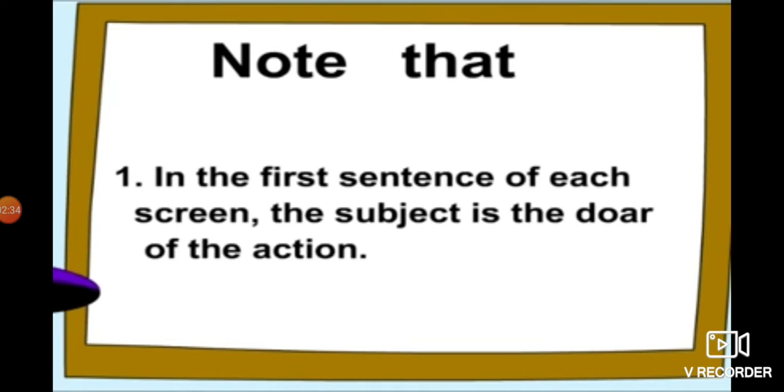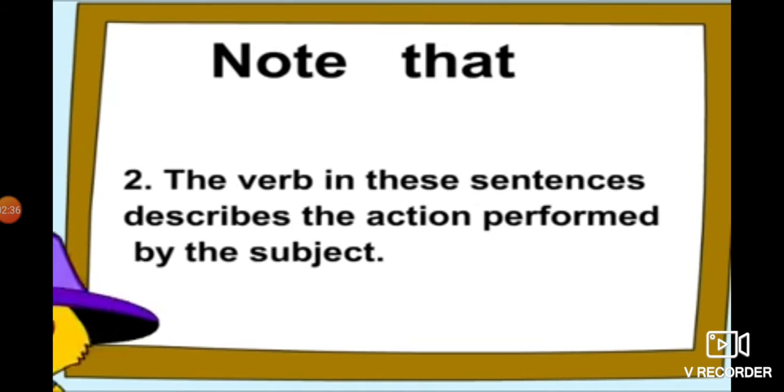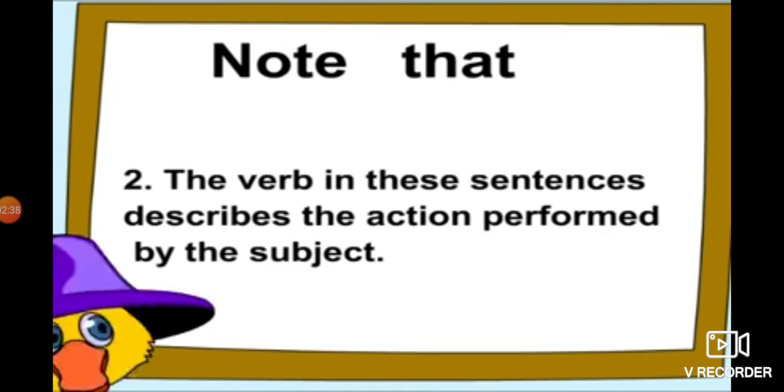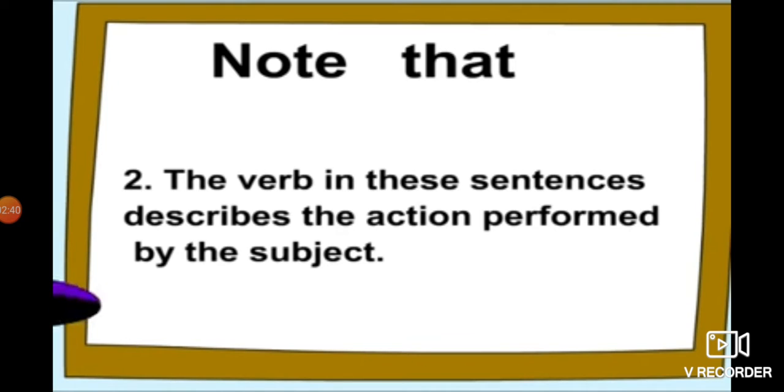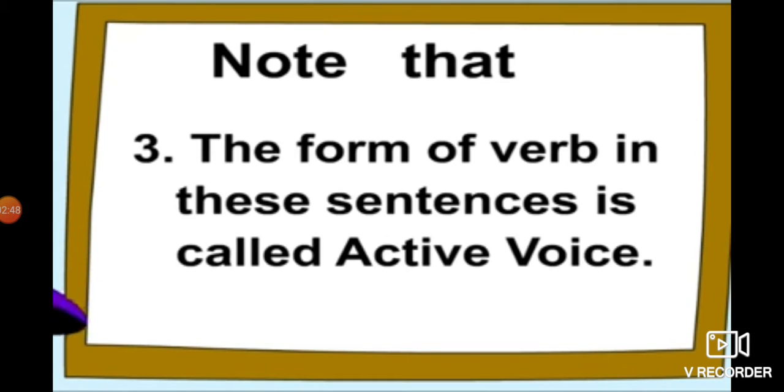Note that in the first sentence of each set, the subject is the doer of the action. Sorry, doer is spelled D-O-E-R, not D-O-I-R. Second one, the verb in these sentences describes the action performed by the subject. Third one, the form of the verb in these sentences is called active voice.